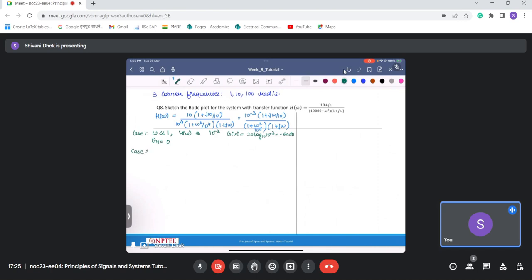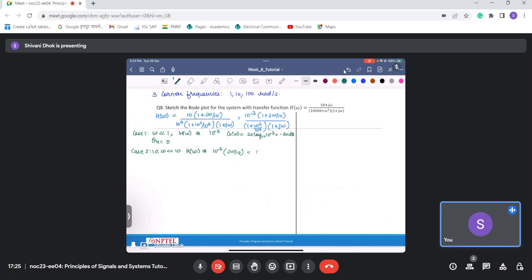Next case, that is case 2, is when omega is much greater than 1, but much less than 10. So in this situation, h of omega is approximately equal to 10 power minus 3 into j omega by 10, and the remaining all will contribute as 1.